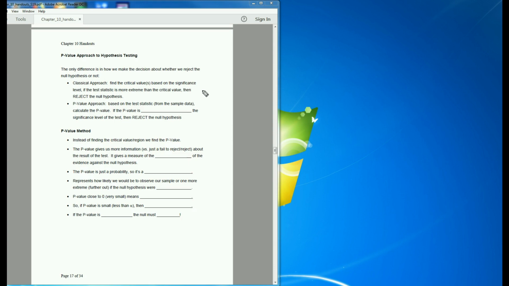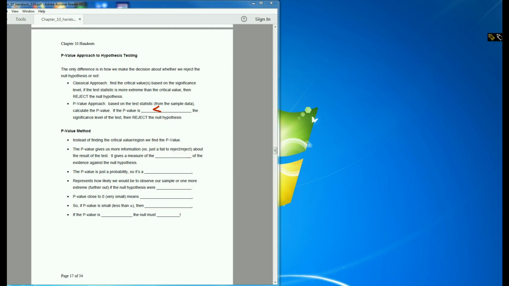If your test statistic is more extreme than that, in other words, if it is outside of that, further away from the center, then you reject the null hypothesis. In the p-value approach, you still calculate the test statistic exactly the same way from the sample data. From that test statistic, you will then calculate this thing called the p-value. If your p-value is less than the significance level of the test, then you will reject the null hypothesis.